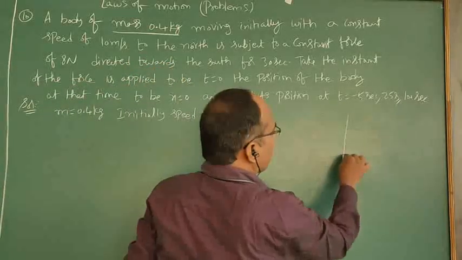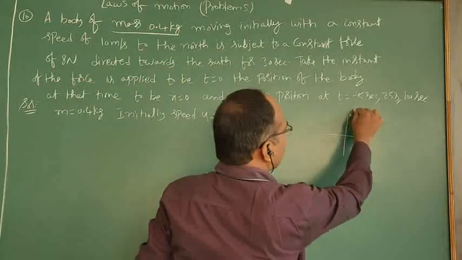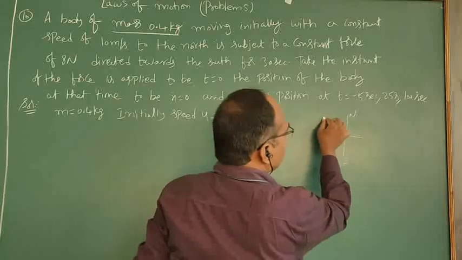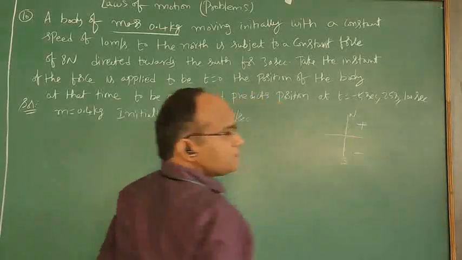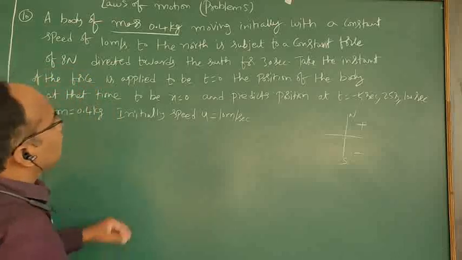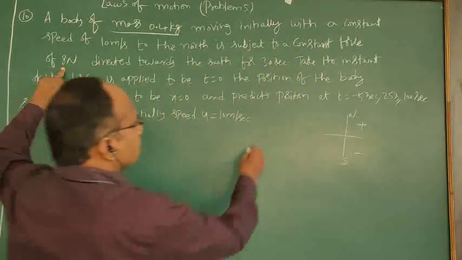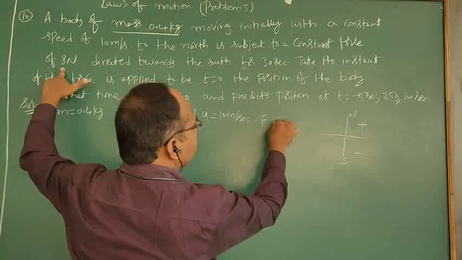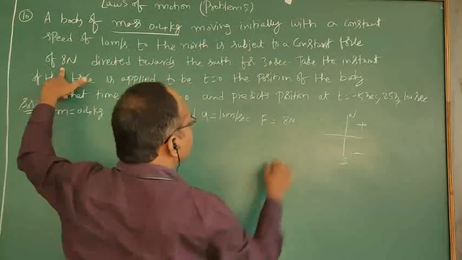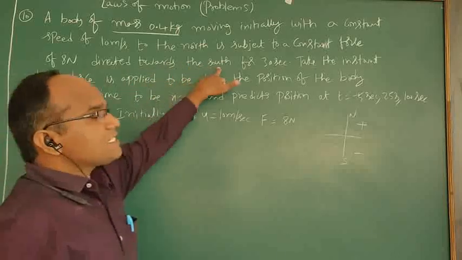So here I am drawing the figure. This is the north pole, this is the south pole. This side is positive, this is negative. Is subject to a constant force of 8 Newton. So force they are given as 8 Newton directed towards the south.